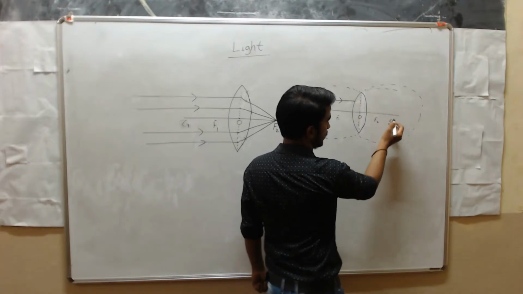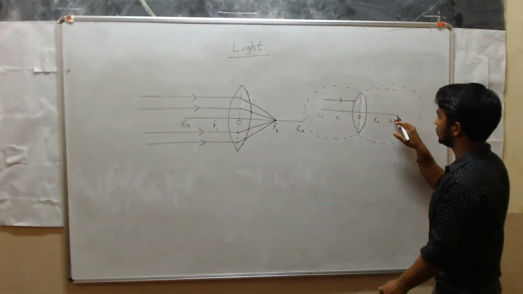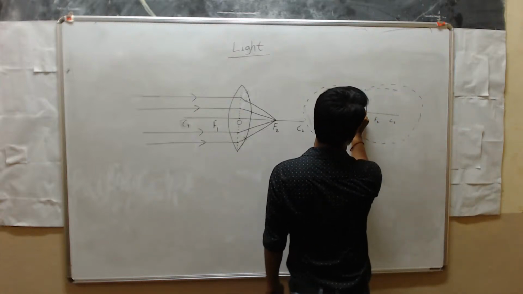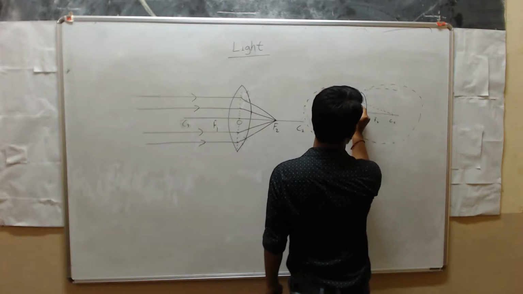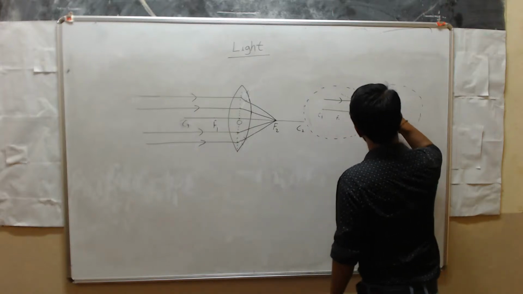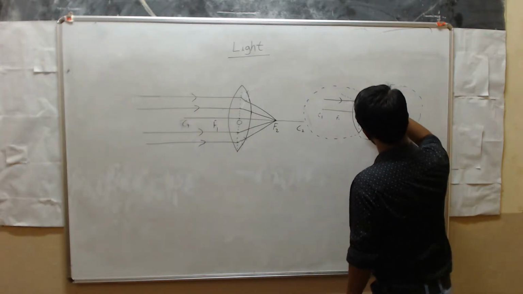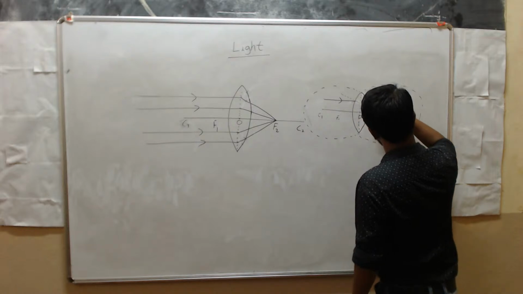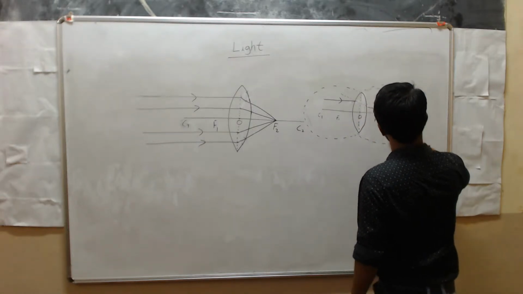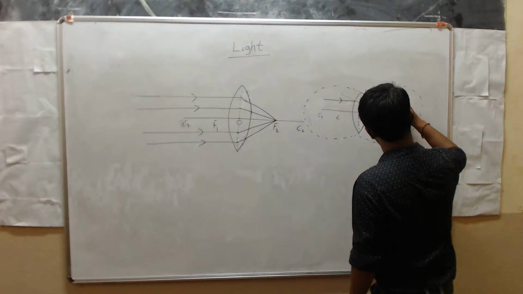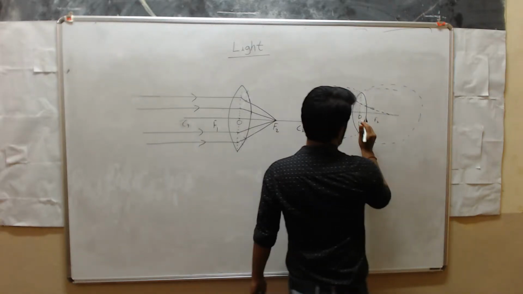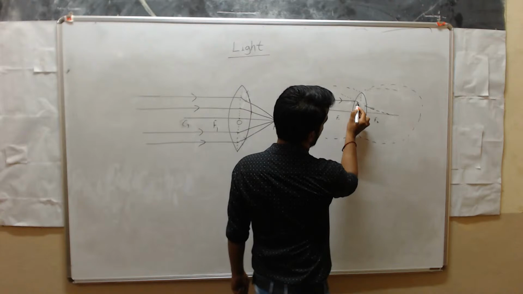So now we should draw the normal from center C2. Now see here, this is a normal.